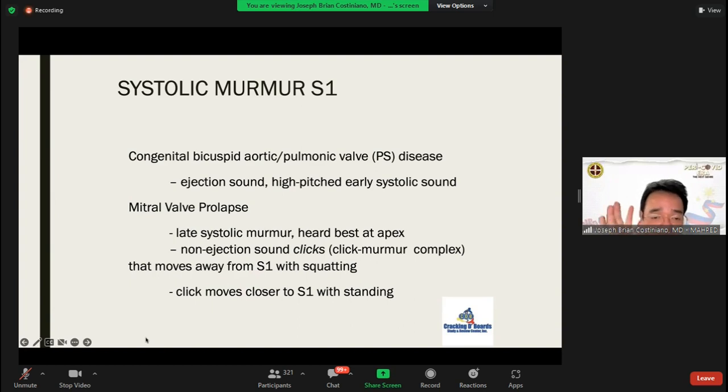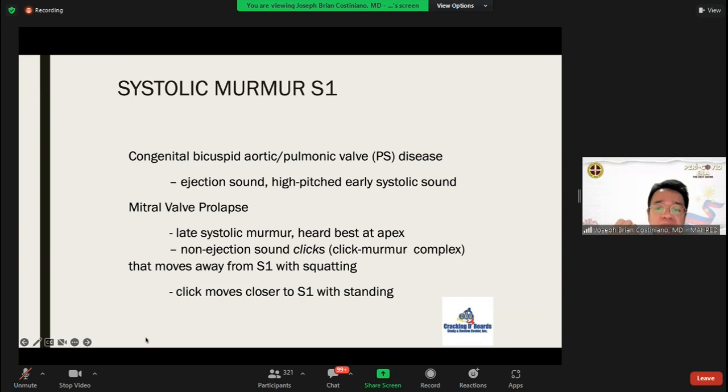Because MVP is always a non-ejection click with a click-murmur complex. Yan po ang MVP natin. And your MVP is best heard at your apex, no? Best heard at your apex. Now, there is a technique in order to exaggerate the sound of your MVP.